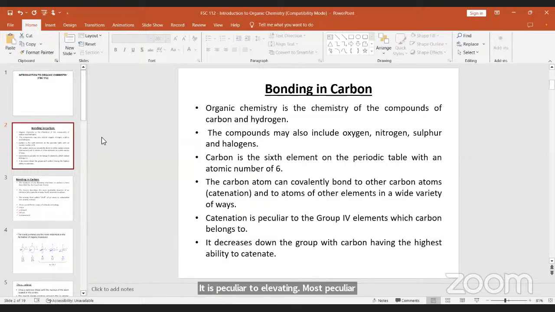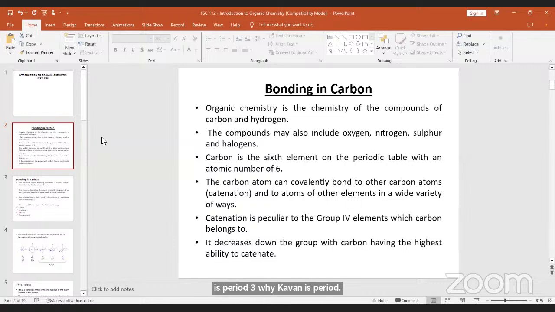Carbon can catenate. Silicon can also do so to some lesser extent. You will recall that silicon is just lower, on the next period to carbon, that is period 3, while carbon is period 2, group 4.